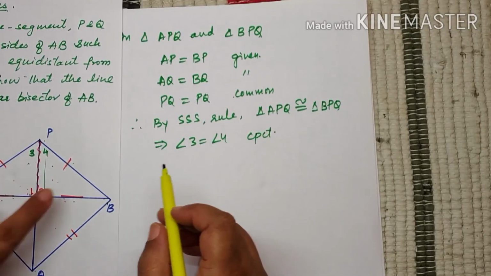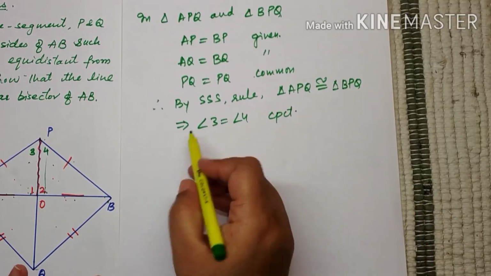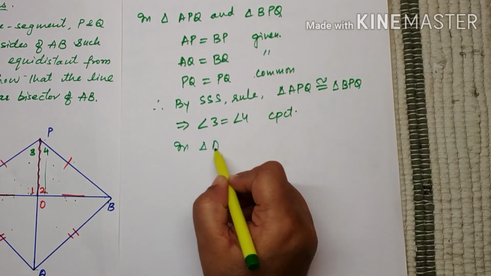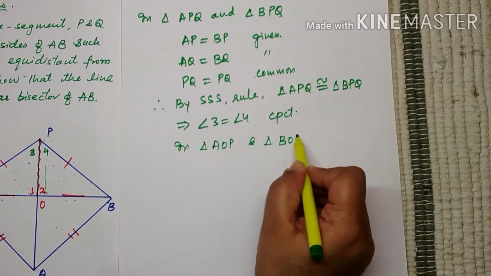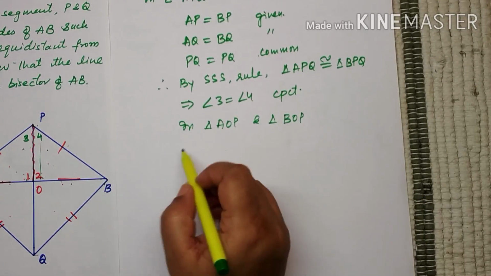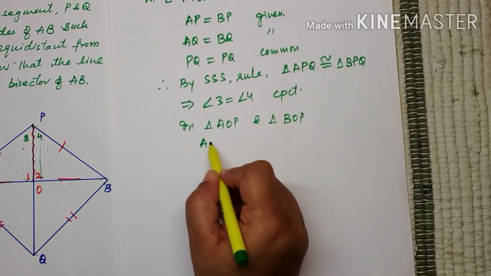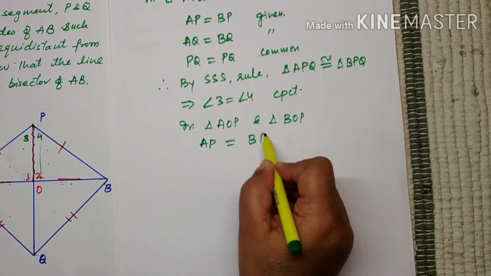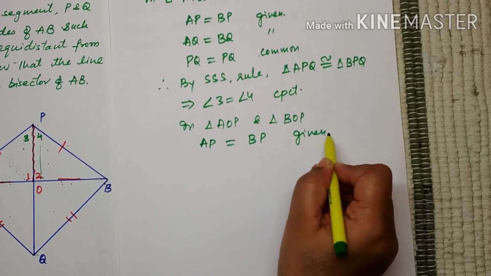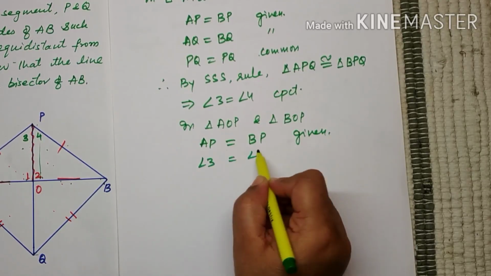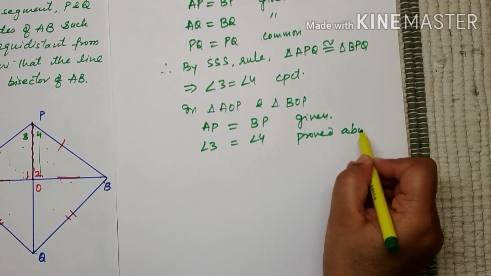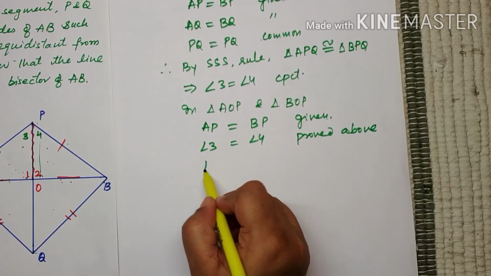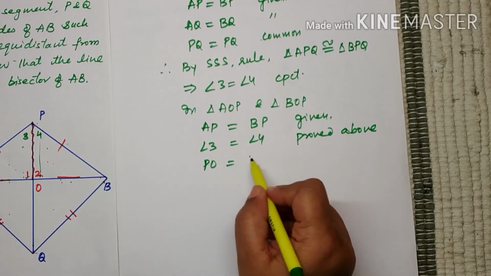Now I can prove the upper two triangles congruent. Now in triangle AOP and triangle BOP, what do we have? AP is equal to BP, again given. Angle 3 equal to angle 4 because we have proved above. And PO equal to PO, common.